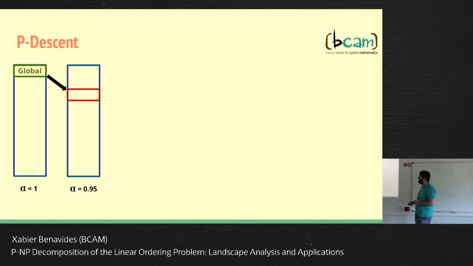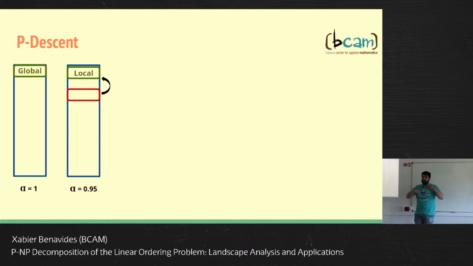It will therefore be a good starting point for a local search procedure, and that's precisely what the p-descent does next. It performs a local search in this instance starting from the global optimum of the P component, obtaining a new local optimal solution.